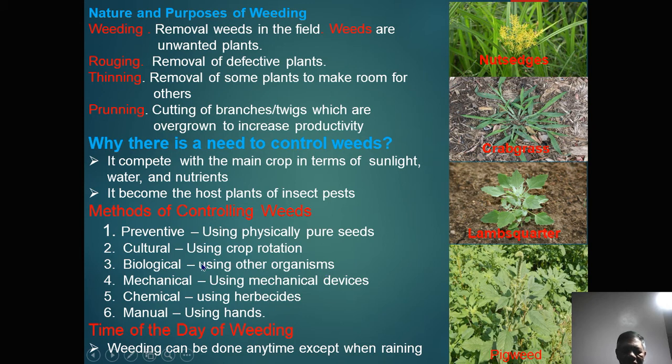But I think this is not common. Sometimes, if we will use insects, they are the ones destroying our main crop or crops.